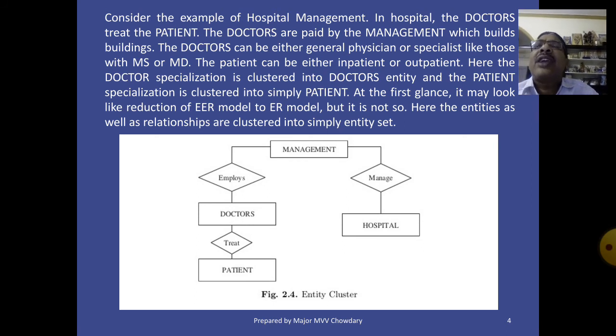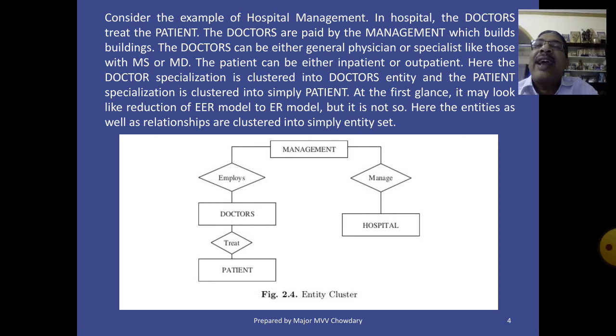The doctors can be either general physician or specialist, like those with MS or MD. The patient can be either inpatient or outpatient. Here, the doctor specialization is clustered into the doctor entity, and the patient specialization is clustered into simply patient.